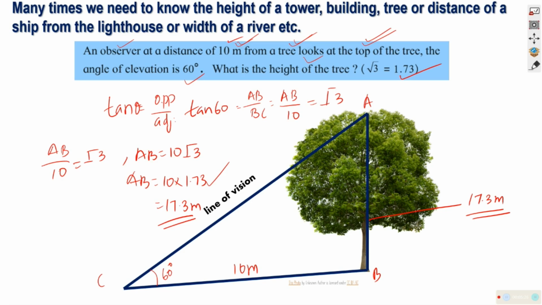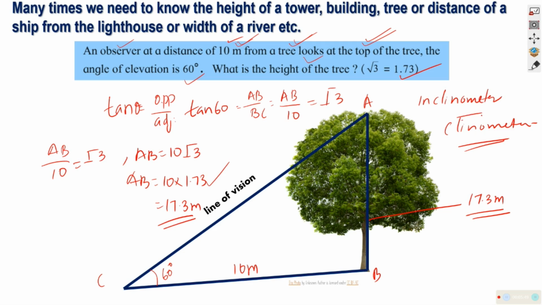Something which is in your mind, which is creating some kind of doubt: how do we get to 60 degree? For that we are having an instrument. The instrument is named as inclinometer, or simply clinometer sometimes.